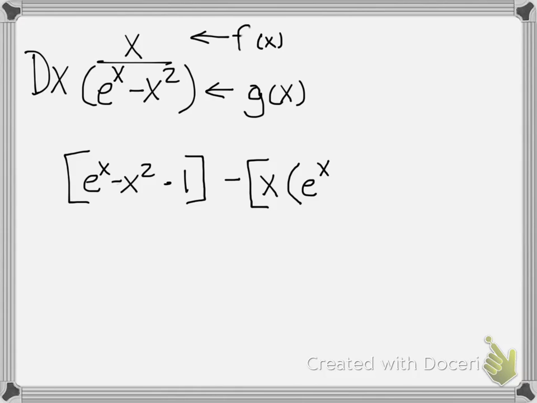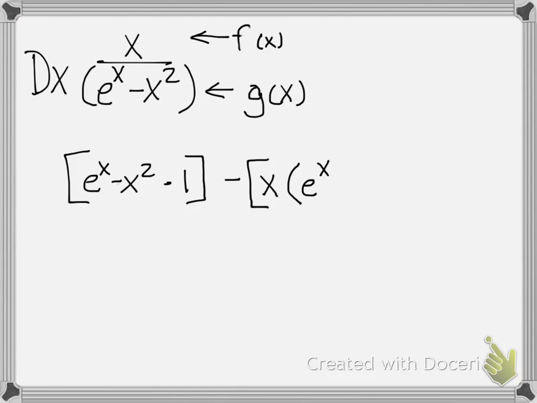And I have a video going over just some various limit definitions, basically. But anyway, if you have something in an exponential form, it's going to be the something times the natural log of the something.